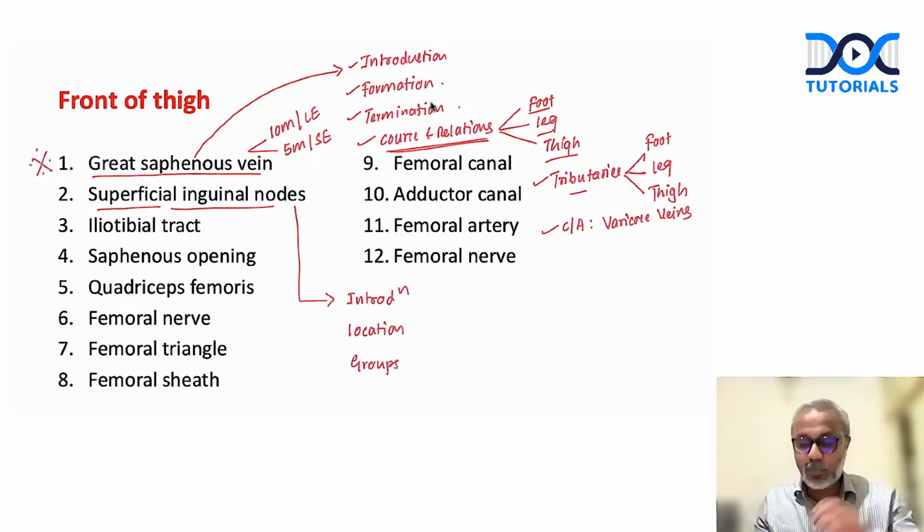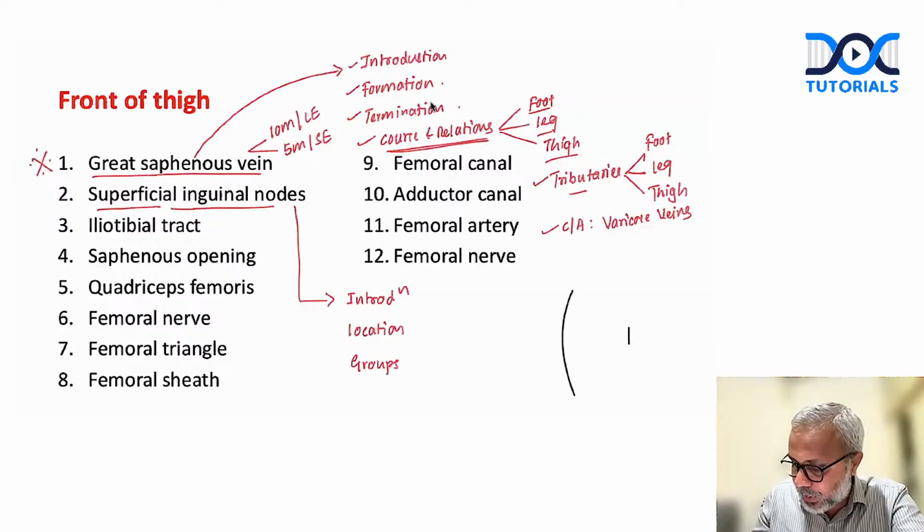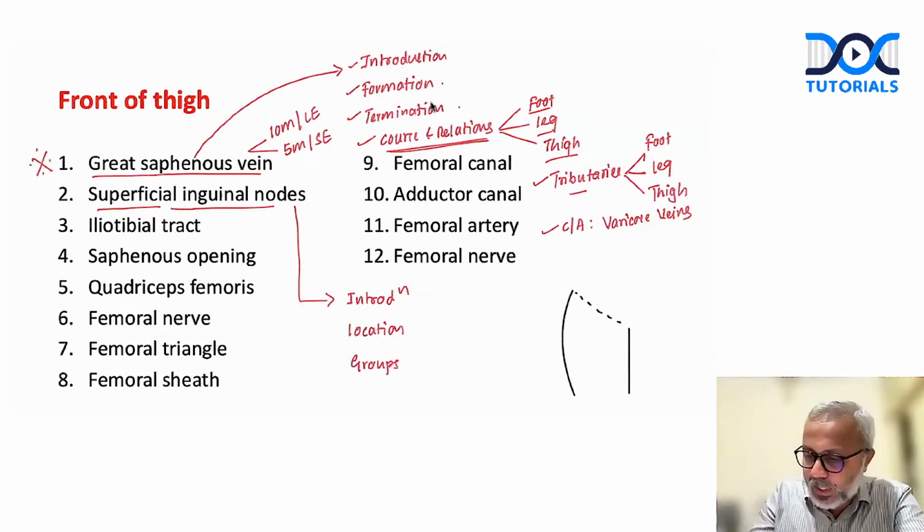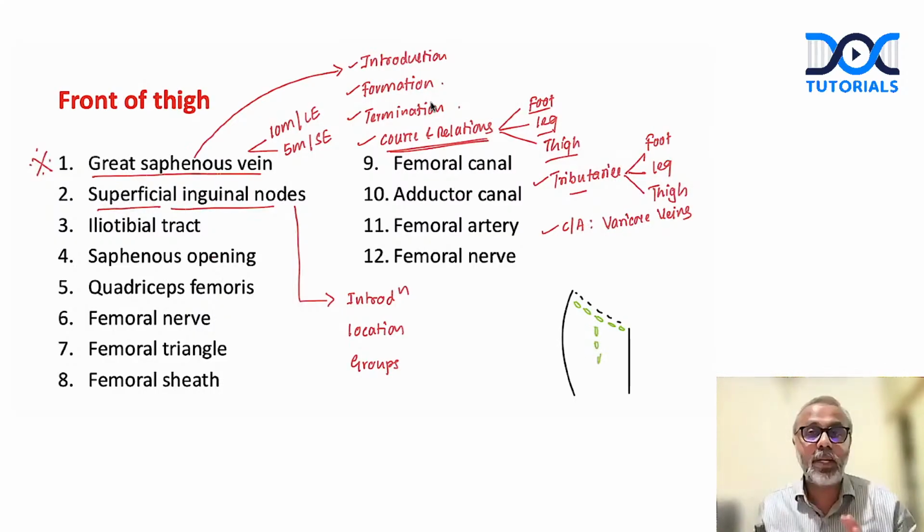We know that the superficial inguinal nodes, if we just draw them, so let's imagine this is the outline of the thigh and this is the inguinal ligament. So we have the superficial inguinal nodes which are arranged as the horizontal group and the vertical group, right? So this is what we mean by groups.